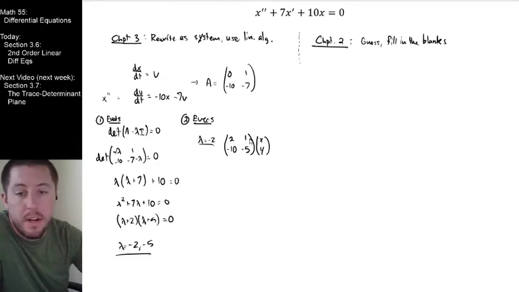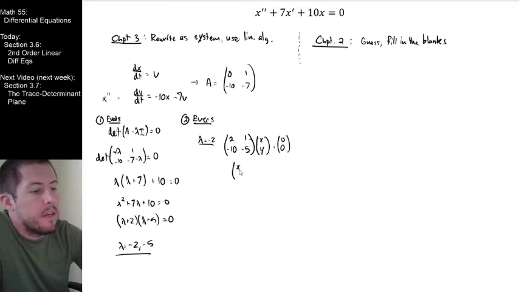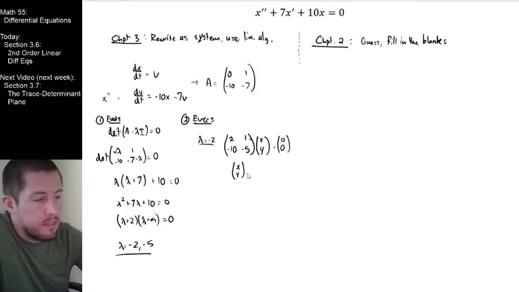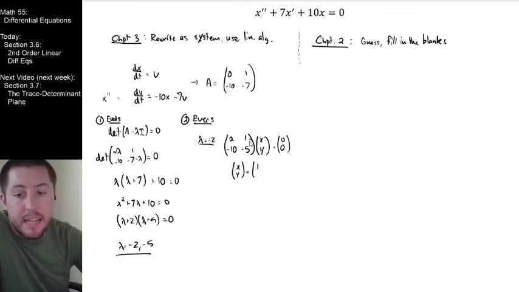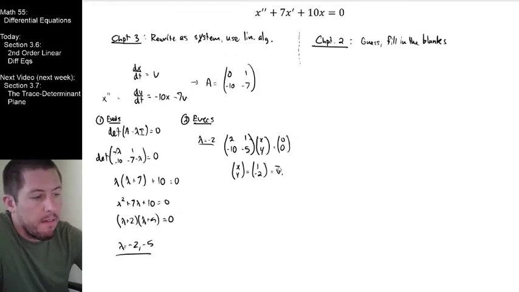Having a 2 and a 1 as the coefficients on x and y is equivalent to having negative 10 and negative 5, given that our output is going to be 0 on the other side. It seems to me like a good xy choice would be to allow x to be 1, so we get one copy of positive 2, and let y be negative 2, so we get negative 2 copies of 1. That way positive 2 and negative 2 give us 0 there. So I think this is my good first eigenvector. We'll call that lambda 1.